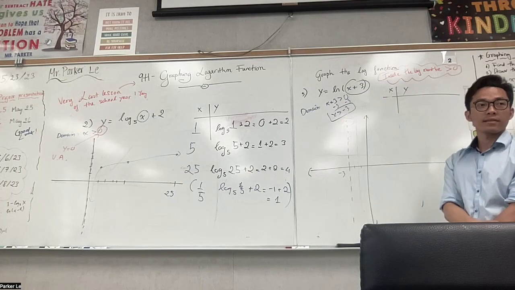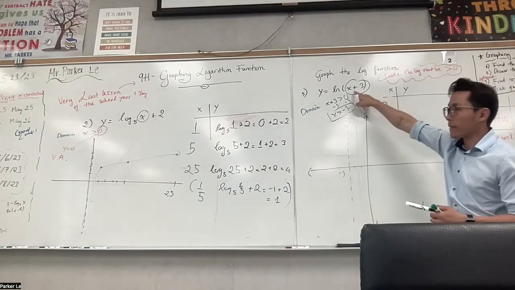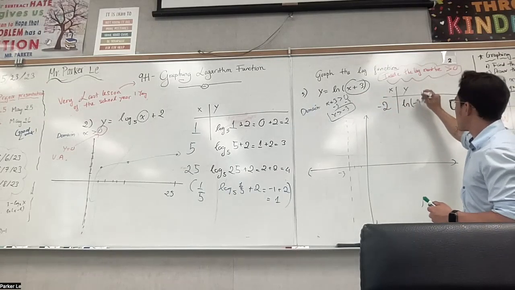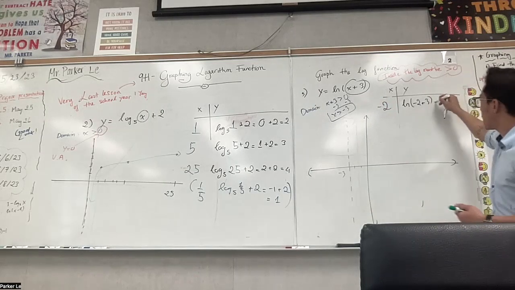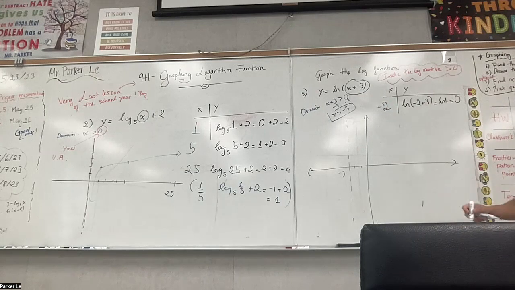You make the inside become 1. So x is negative 2: negative 2 plus 3 is 1, and ln of 1 is 0.